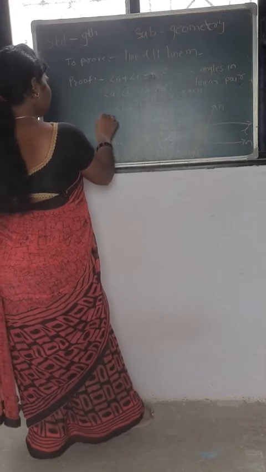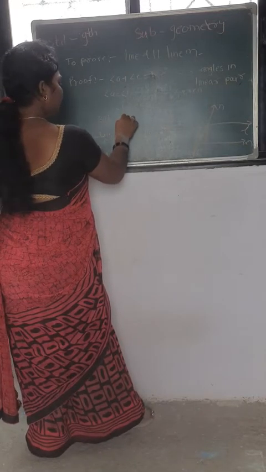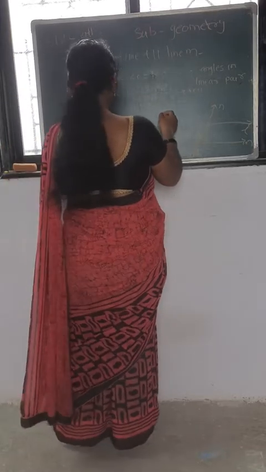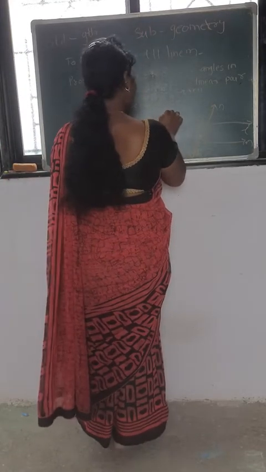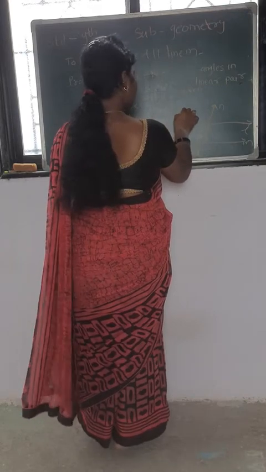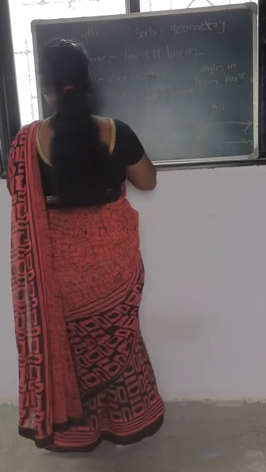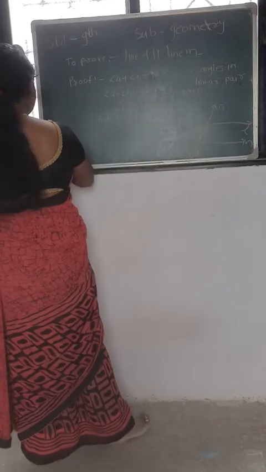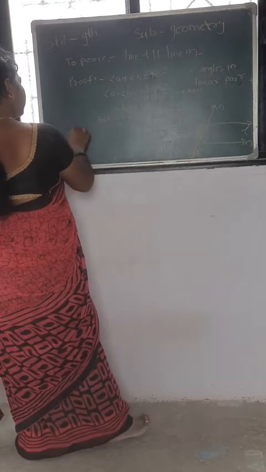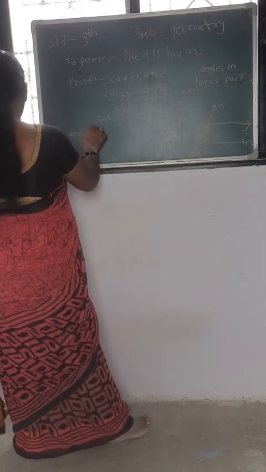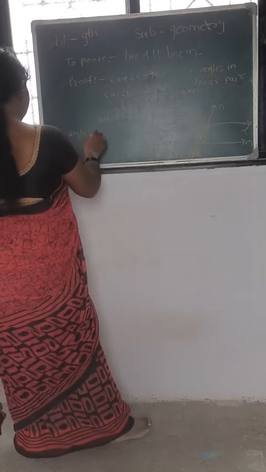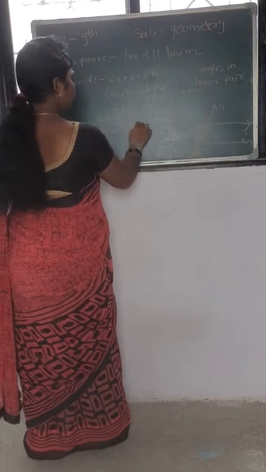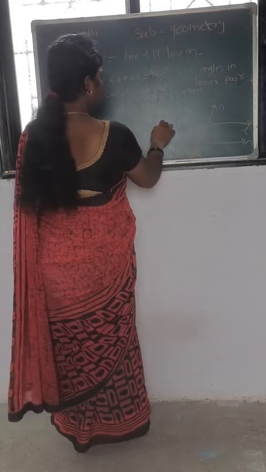But angle B and angle C are interior angles on the same side of the transversal.